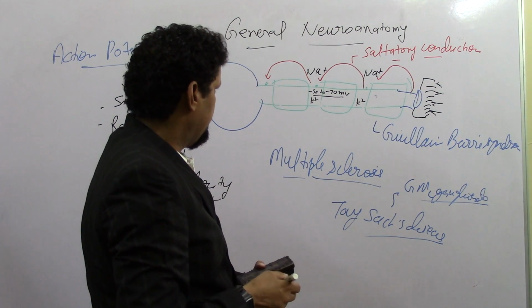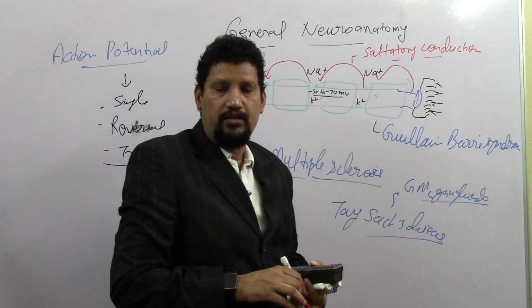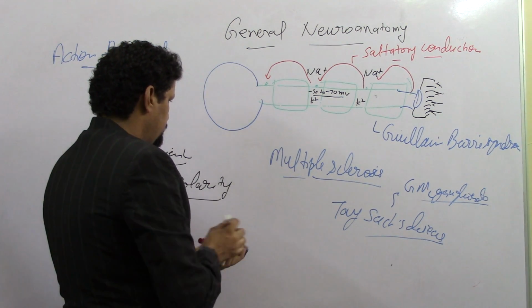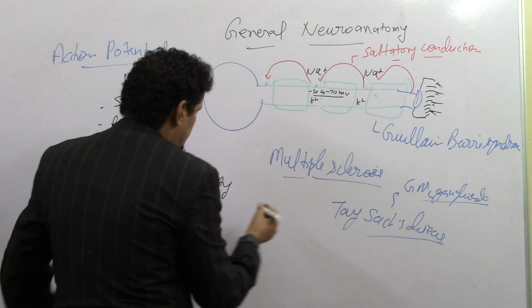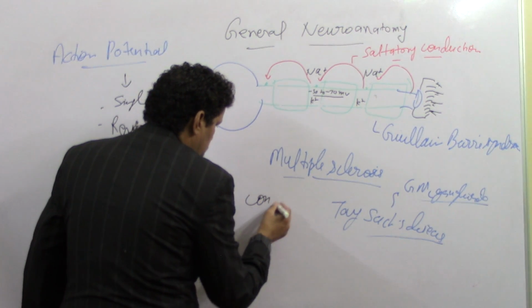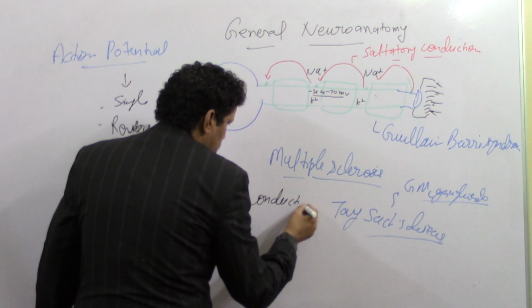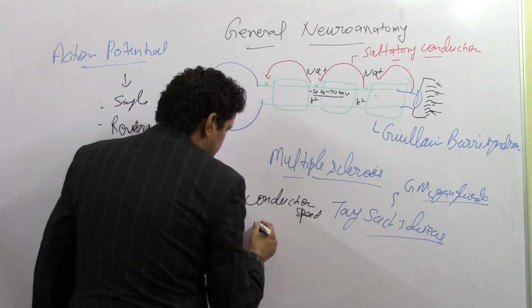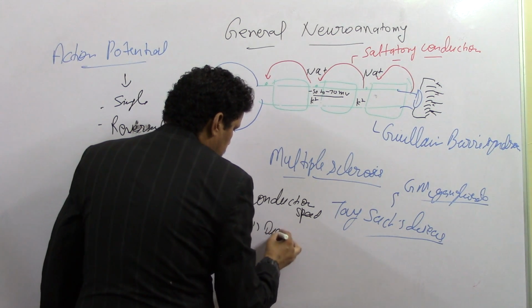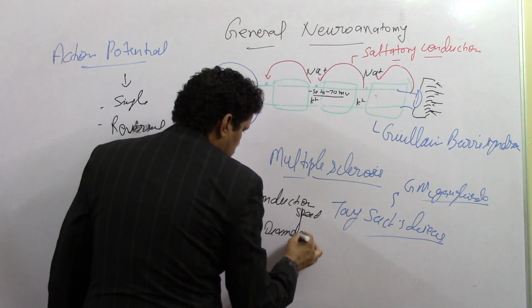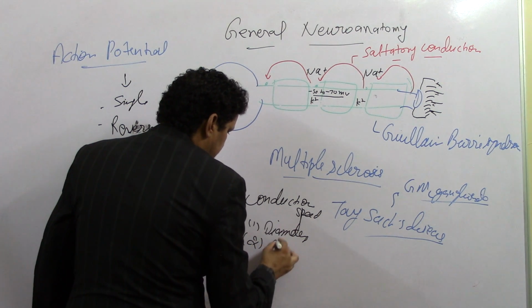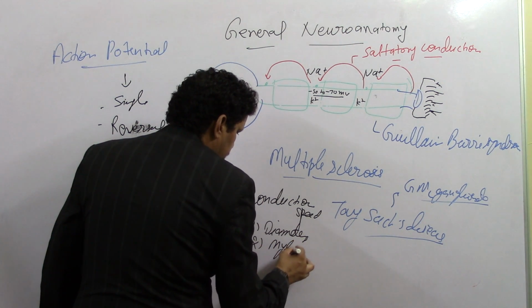The speed of conduction depends on two factors: one is the diameter of the axon and the other is the myelination status.